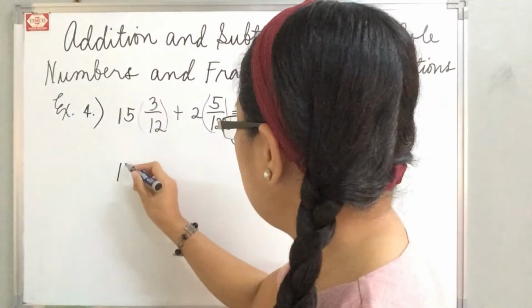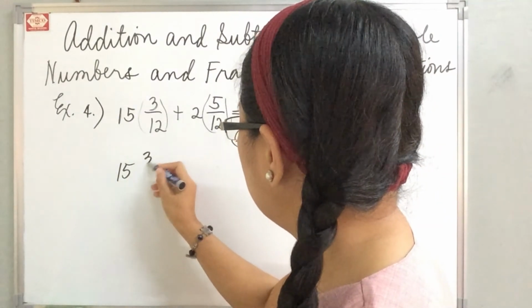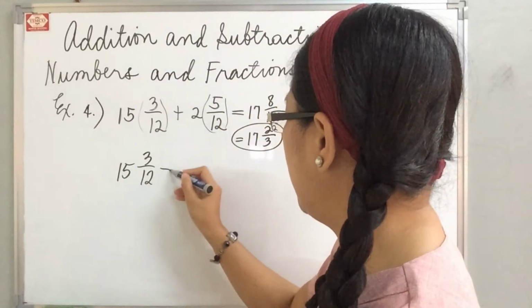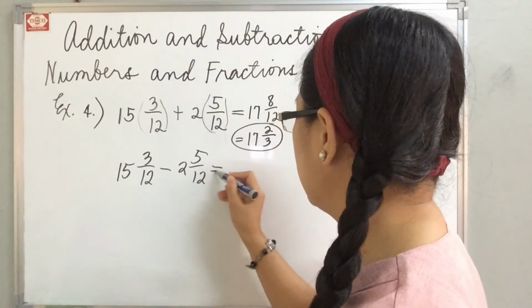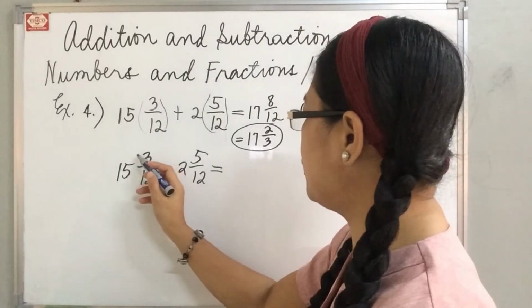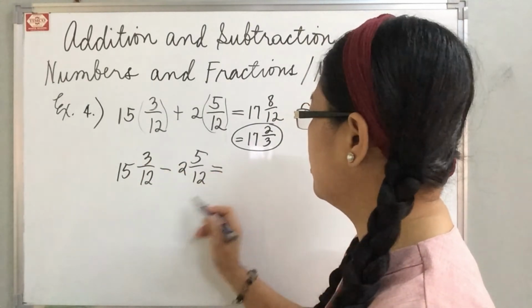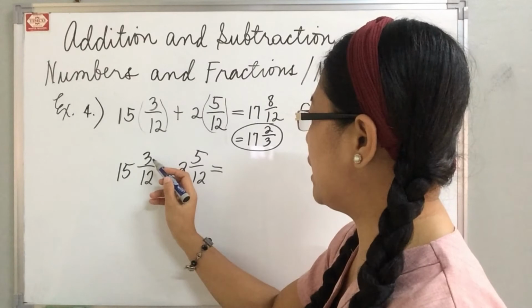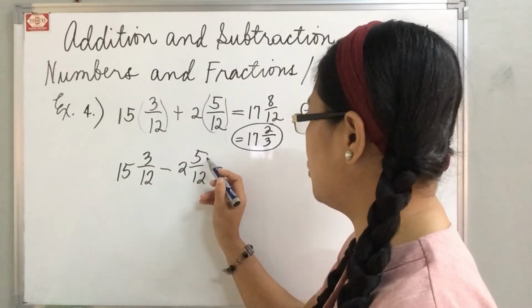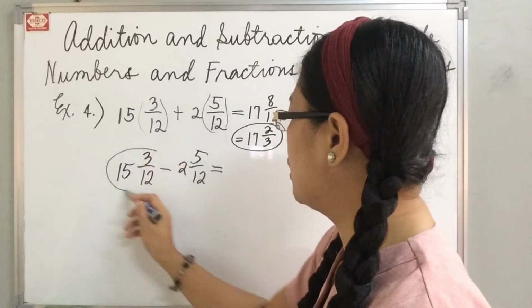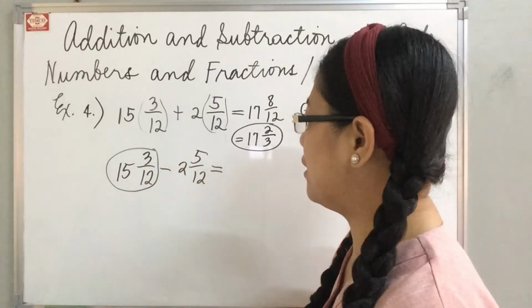We have 15 and 3/12 minus 2 and 5/12 equals. So let's do first the fraction. But then again, the numerator here is less than the numerator here. So we have to rename 15 and 3/12.